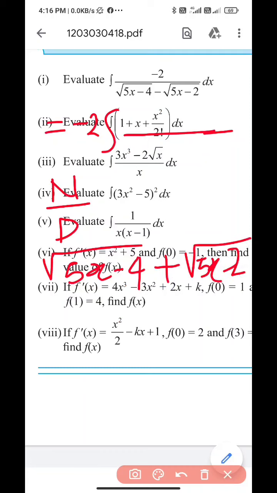So as you can see, I have replaced the minus sign with plus sign.